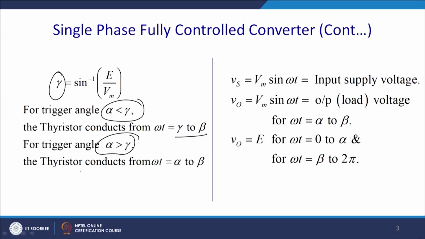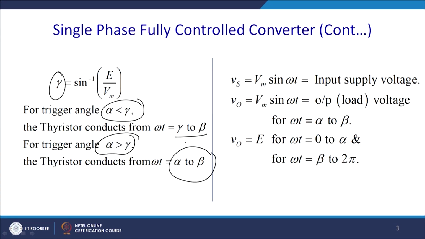So, even if it is triggered, the thyristor will not be conducting. The thyristor is required to conduct after it has reached a voltage greater than the back EMF. In the same way, the triggering angle alpha should be greater than lambda, and the thyristor conducts for an angle alpha to beta.